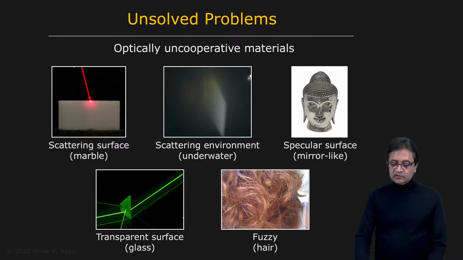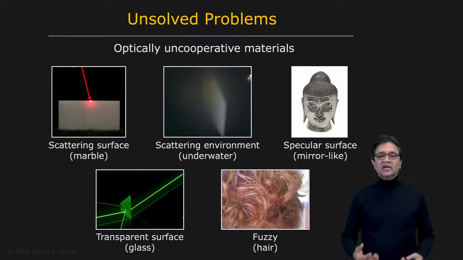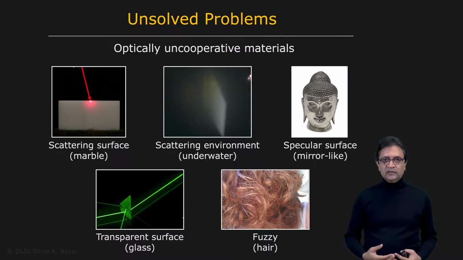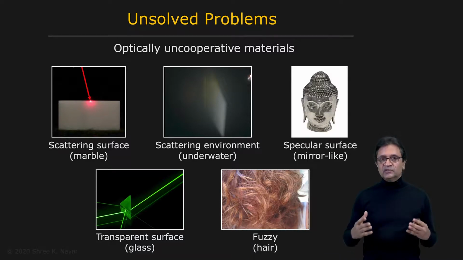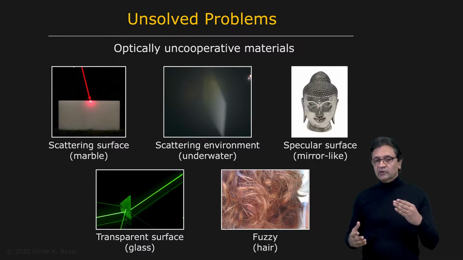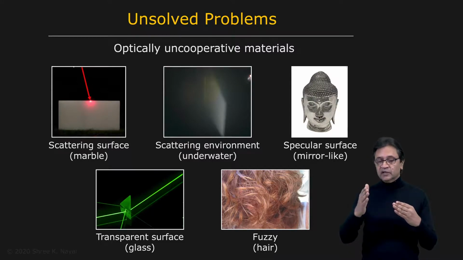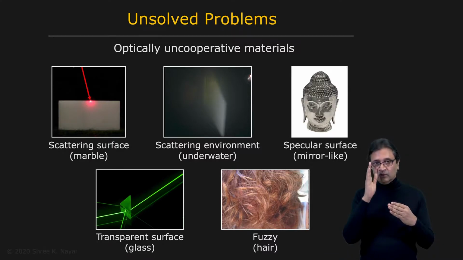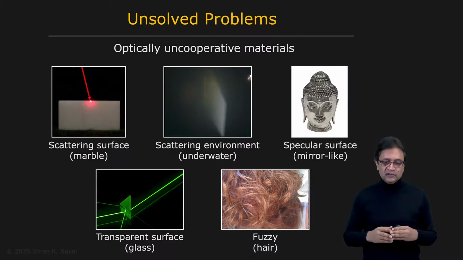And here's another obvious one which we've discussed before, which is the scanning of mirror-like objects, very shiny objects. This continues to be an open problem because, as we know, a specular point, a mirror point, reflects light only such that the angle of incidence is equal to the angle of reflection. So you have to be in the right place, given a light source, to capture a reflection.